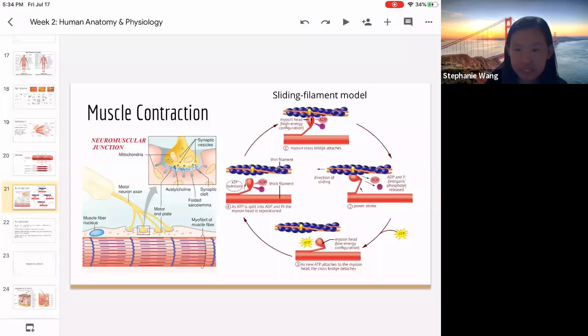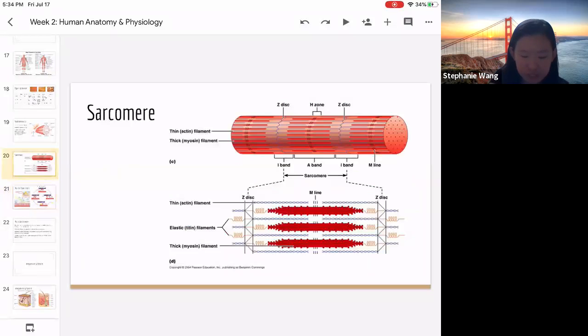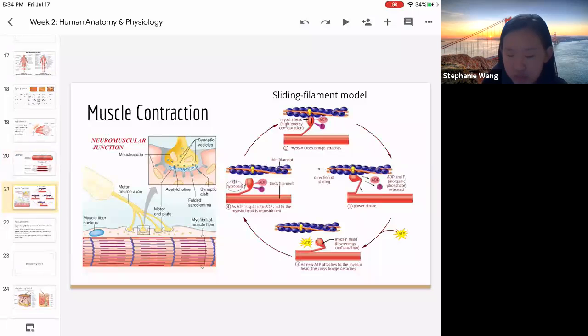the sarcomeres, basically. Whenever it depolarizes the sarcomeres, it causes the calcium to also bind to these cells that are preventing the actin and myosin from cross-bridging together. Once those things that prevent the cross bridges from forming are out of the way, then see here, the little myosin heads can bind to the actin, and this is when we have something called the sliding filament model.